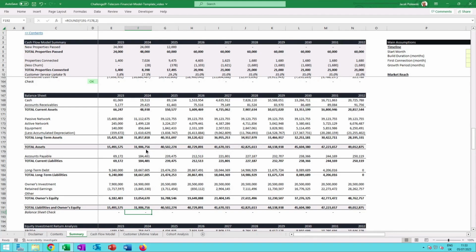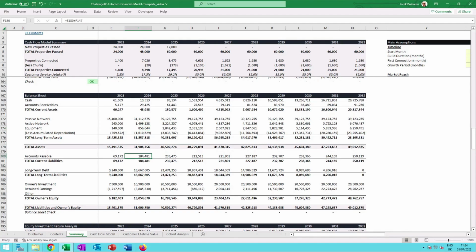So basically, the number here, your total assets, equal to liabilities and owner's equity. And also make sure that those statements, so your P&L, cash flow statement, and balance sheet, are linked to each other. Okay, so a change in one should be reflected in the other, which is exactly where you see the links in here.